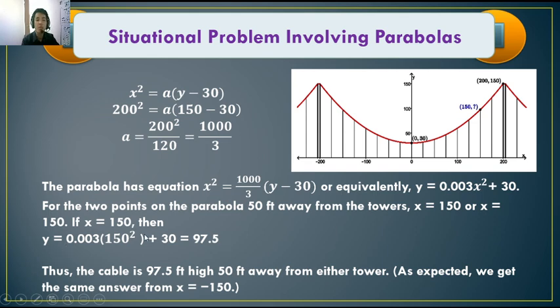So y is equal to 0.003 times 150 squared plus 30. If you simplify that, the answer is y is equal to 97.5. Therefore, the cable is 97.5 feet high, 50 feet away from either tower. As expected, we get the same answer from x is equal to negative 150.